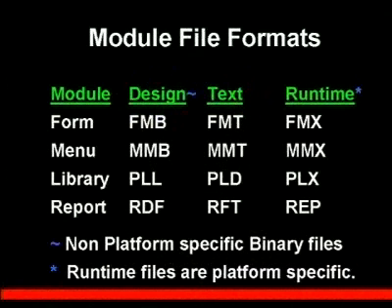Now, the runtime version of the files, what this is, is the version of the file that has been compiled and completed when you're finished designing it, and this is what the user is really accessing. So the runtimes are platform specific. What this means is that if you're developing in a Windows environment, that's just the type of PC that you have as a programmer, but then you're deploying it on the web or in a Unix environment, then it's fine for you to develop it in the Windows environment with the FMB.